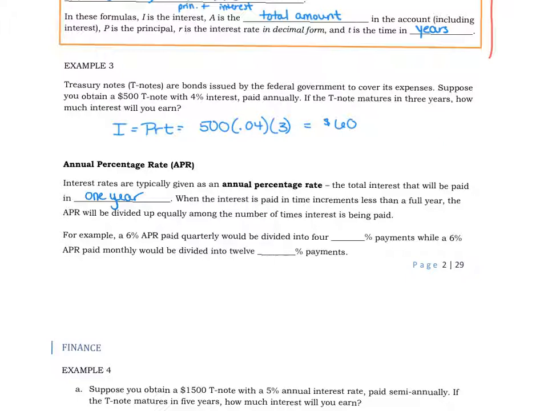So for example, a 6% APR paid quarterly or 4 times a year is divided into 4 1.5% interest payments. And if they were going to pay that same 6% monthly, then it's going to be divided into 12 1/2% payments.